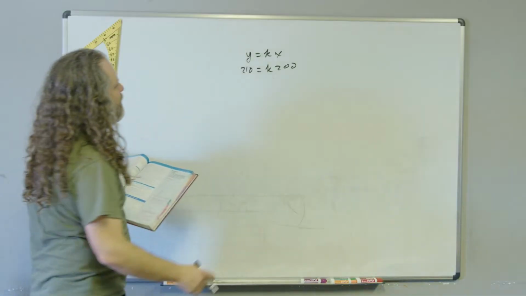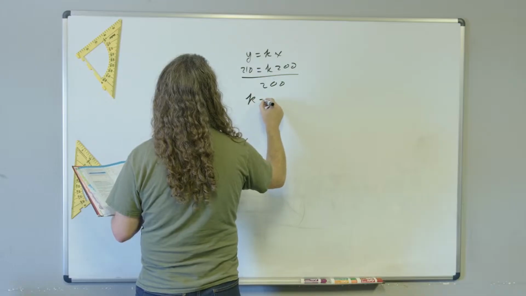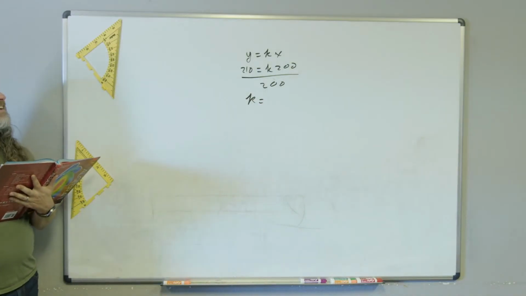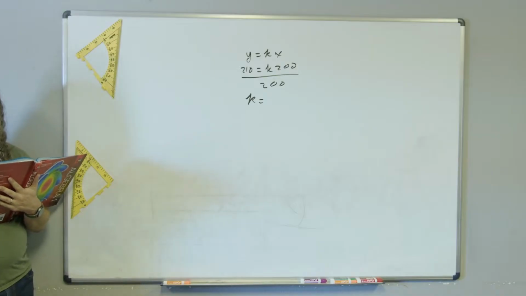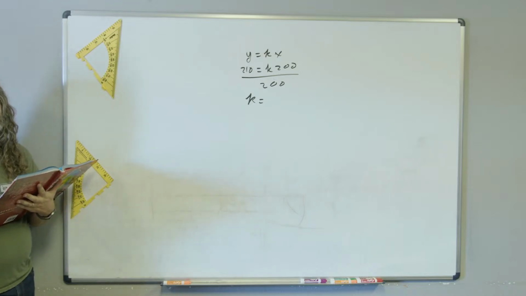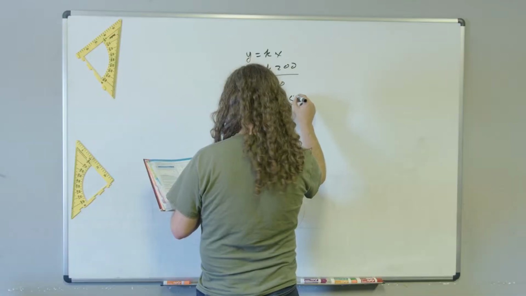Divide by 200 and what do we get? Punch in your calculator. 1.05.